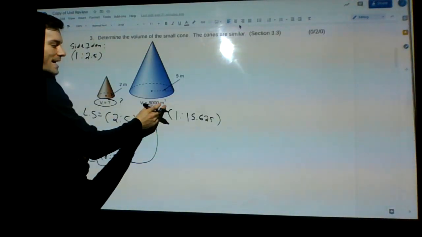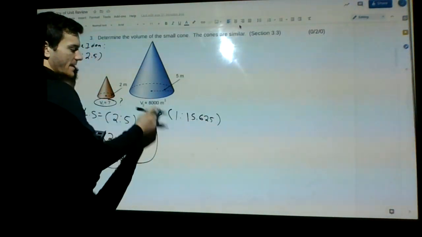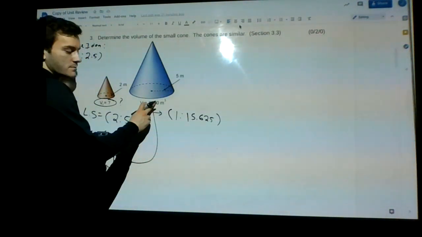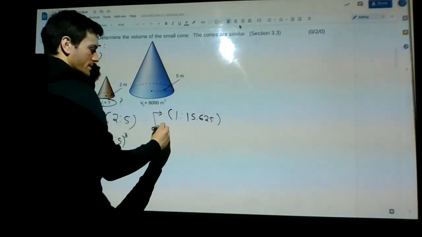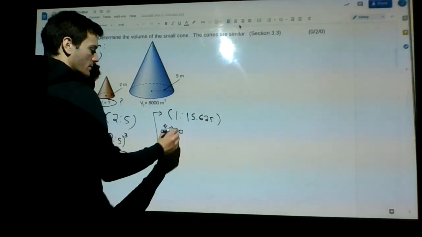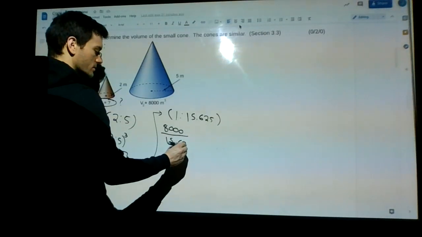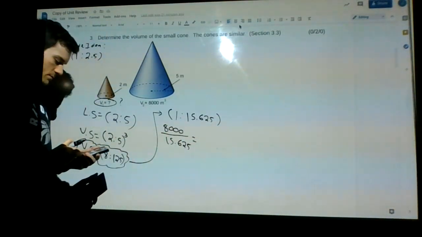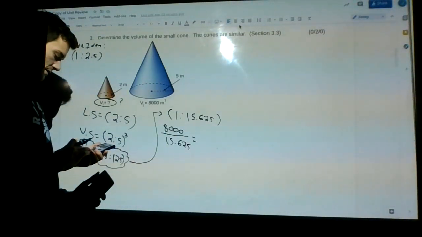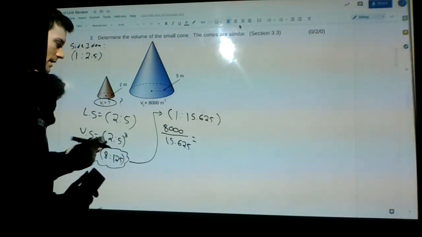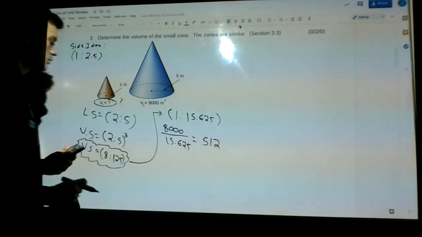So I'm going to figure out how many 15.625s fit into my 8,000, and that will tell me how many little cubic meters I have over here. 8,000 divided by 15.625 equals 512.